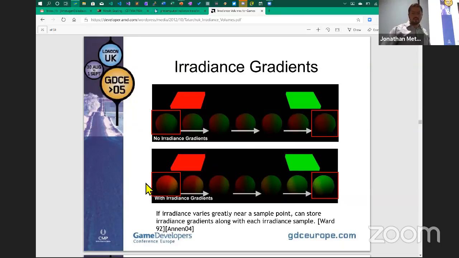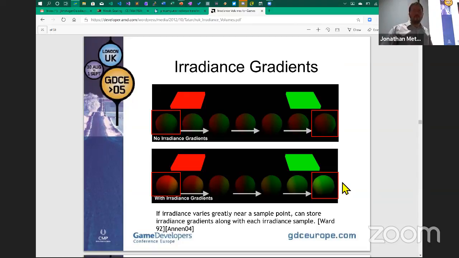So what you can do is use an irradiance gradient. In other words, you can say, how is my light changing as I work my way left to right? If we start off here with one gradient and interpolate between it and the next one, we can blend them together smoothly going from one area to the other.